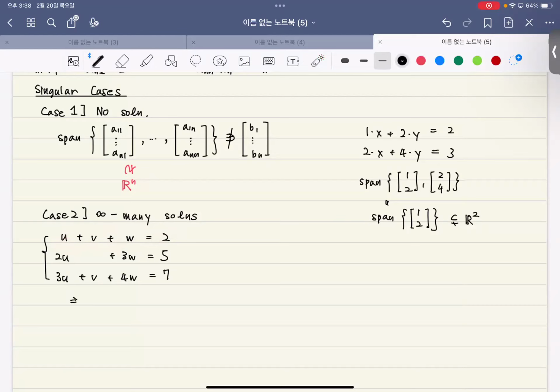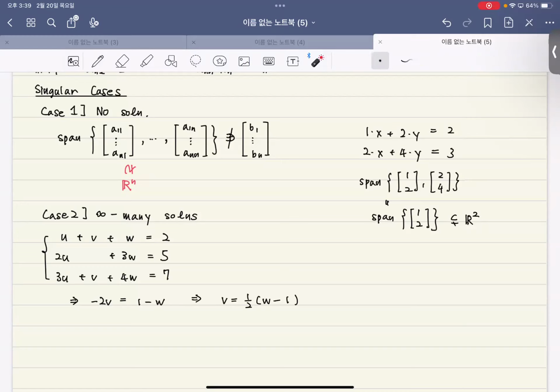Then I get -2v is 1 minus w. So v is 1/2 w minus 1.